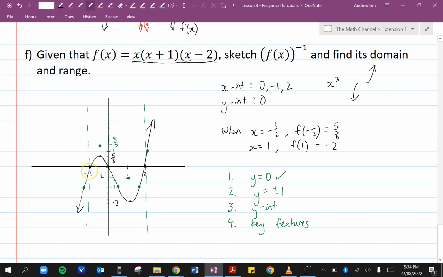1 divided by something really small will be really big in a negative direction.